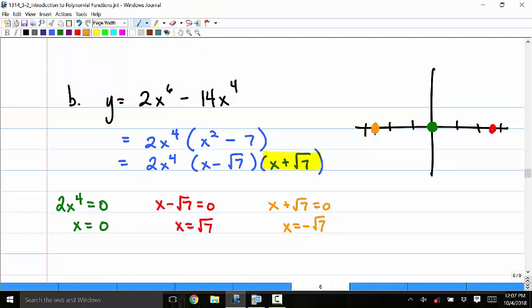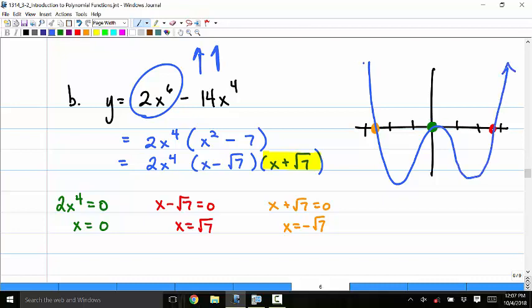Now let's go back to end behavior. What does 2x to the 6th, what is that end behavior going to look like? It's even, positive coefficient, so it's going to be up, up. So I had something that looks like this. You agree?